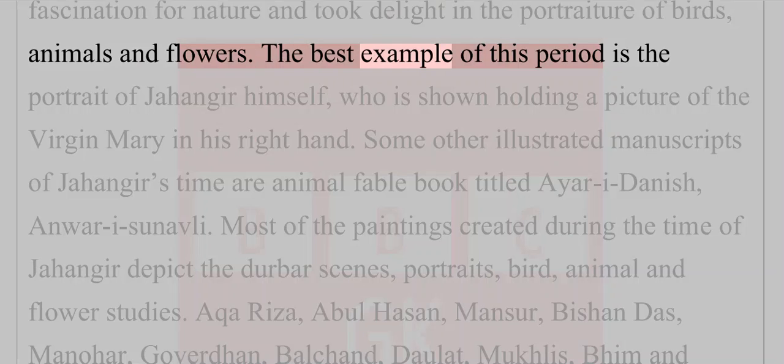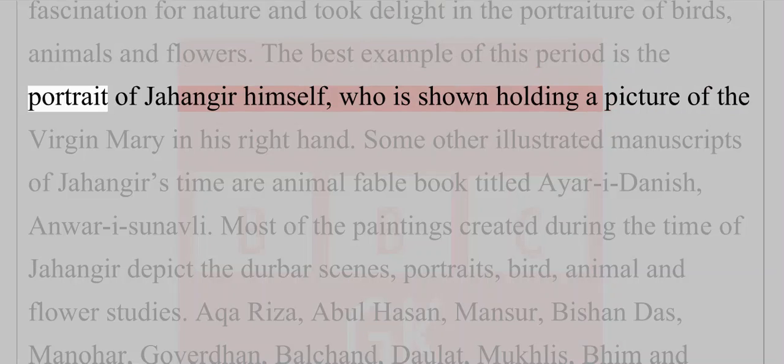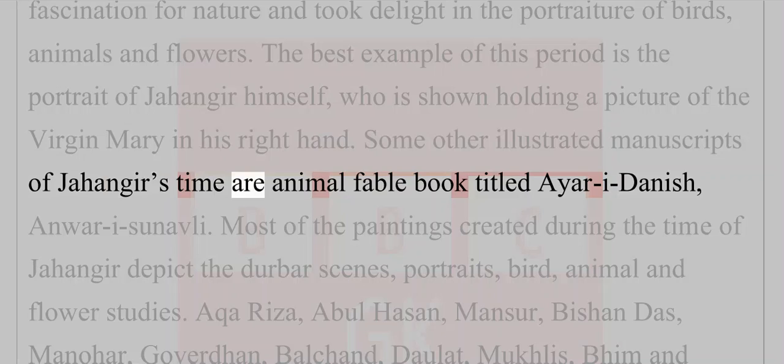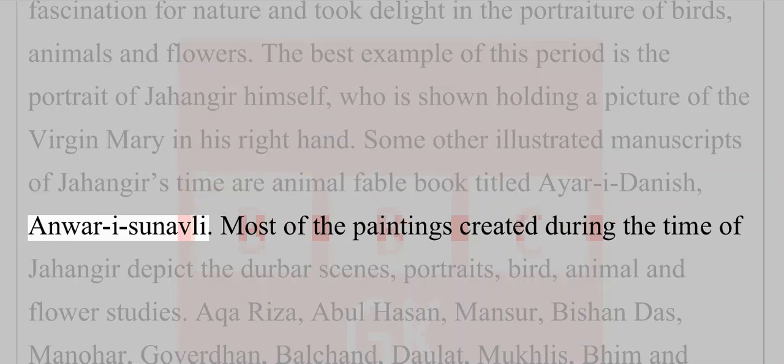The best example of this period is the portrait of Jahangir himself, who is shown holding a picture of the Virgin Mary in his right hand. Some other illustrated manuscripts of Jahangir's time are the animal fable books titled Ayar-i-Danish and Anvar-i-Suhayli.